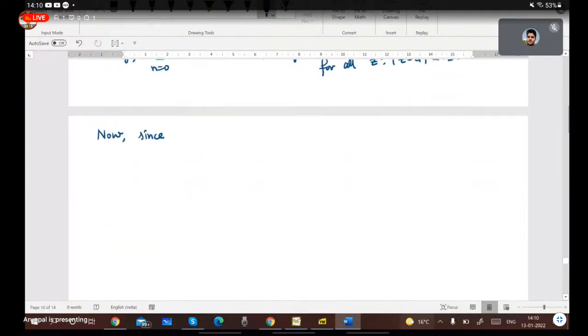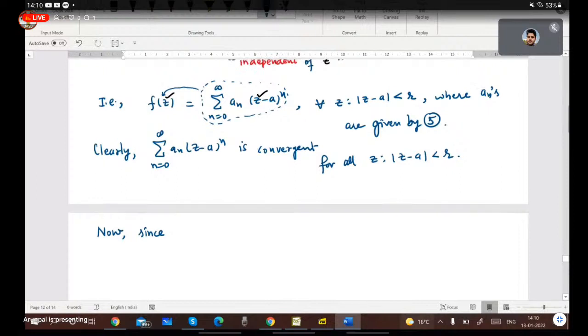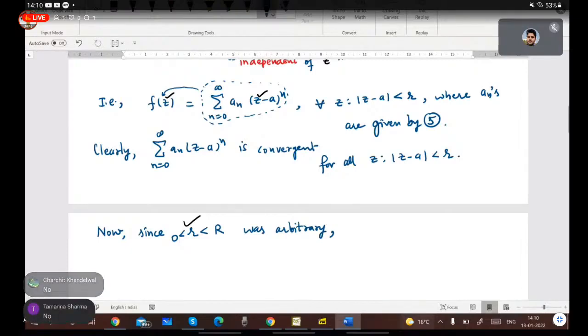Now since small r is smaller than capital R, this small r was arbitrary. This choice of small r was also arbitrary.